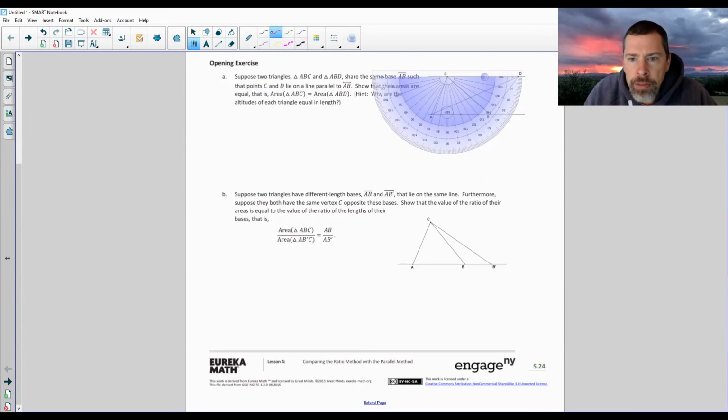That's going to be at the 90-degree mark, which is right about there. Okay, I just marked 90 degrees.